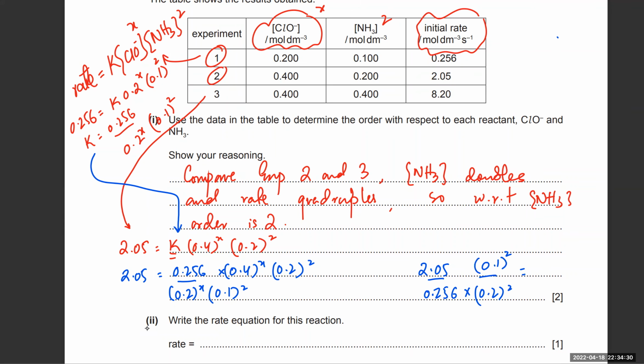And over here, I've got 0.4 divided by 0.2 to the power X, so that's 2 to the power X, I guess. So what do you get for this on your calculator? This is 1/4.